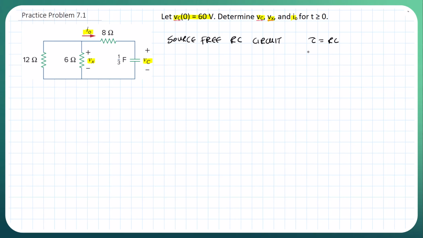From what we've defined previously, we can use the equations for the voltages as well as the currents to determine the other values. But the first thing we want to do, because it's a source-free RC circuit, is come up with an equivalent circuit that consists of our capacitor as well as our resistor.